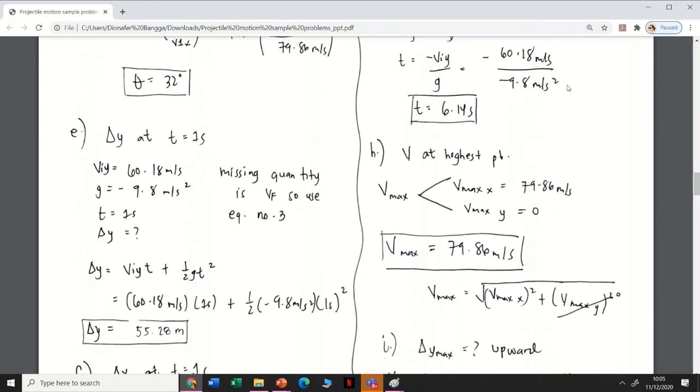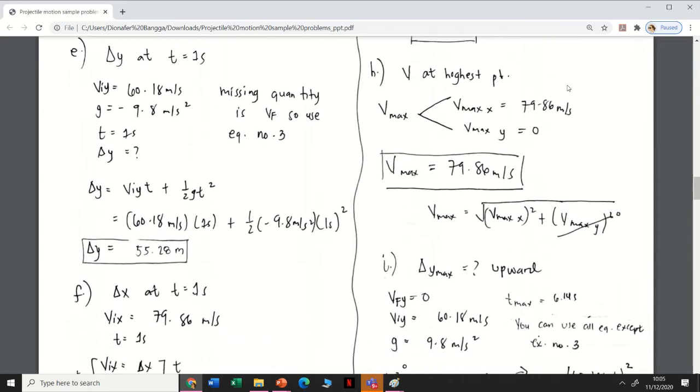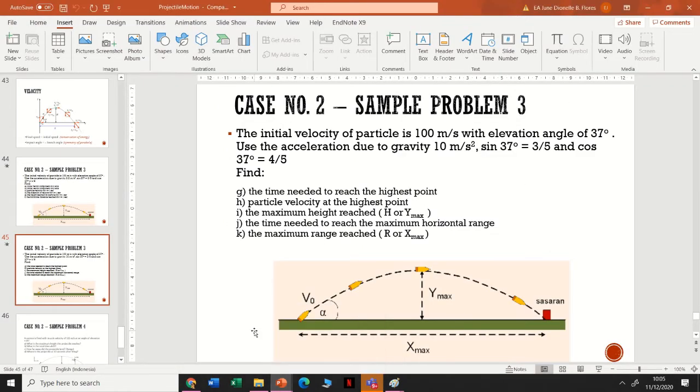Okay, now moving on with the next question, which is letter H. The problem is asking us to solve for the particle's velocity at the highest point. So you have to remember, letter H is asking us to solve for the particle's or the projectile's velocity. And we know that the velocity of a projectile is composed of two things: its x component and its y component.